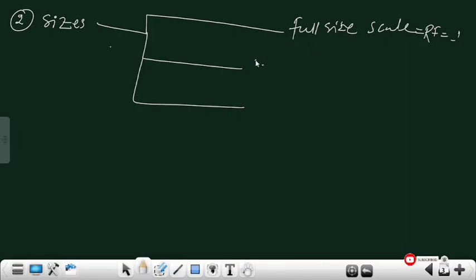Next is the reducing scale, where RF will be less than 1, as in the previous case where the building plan is reduced because the actual image does not fit in the drawing sheet.